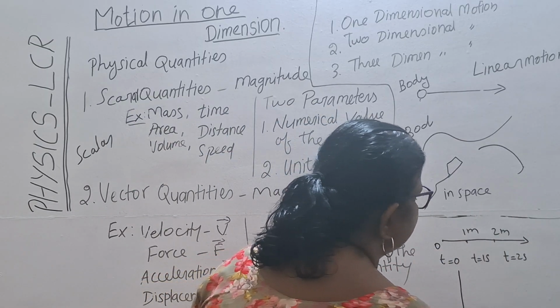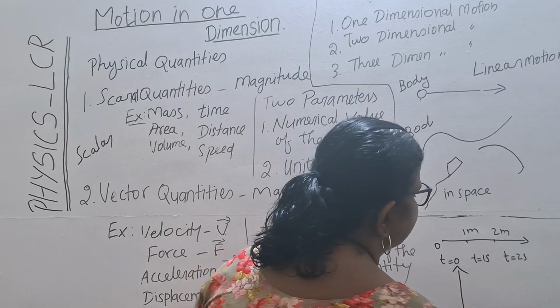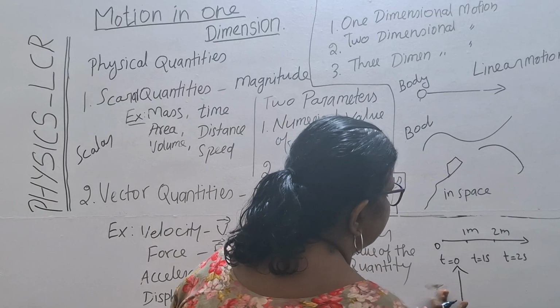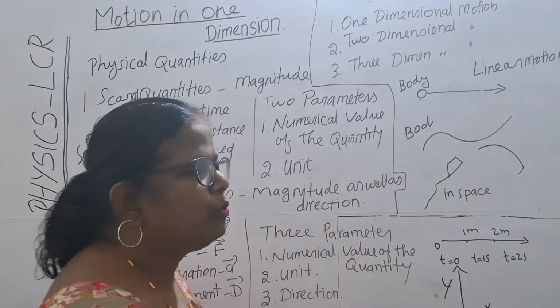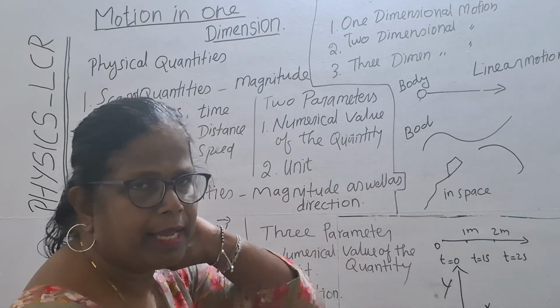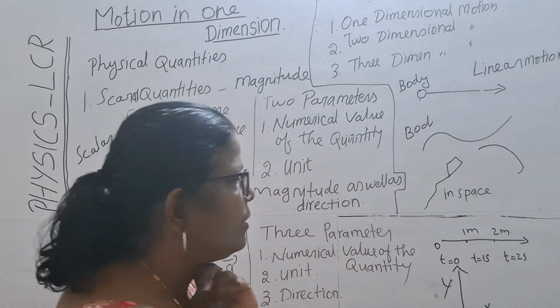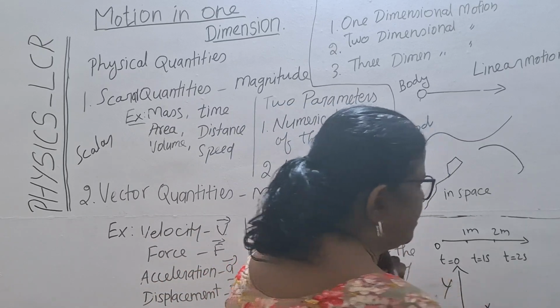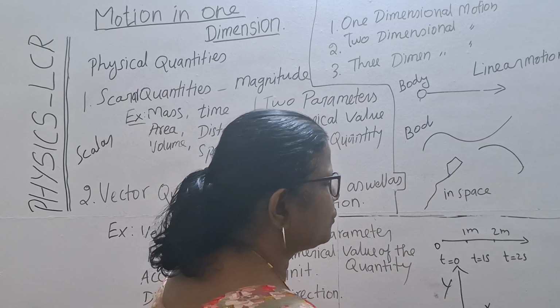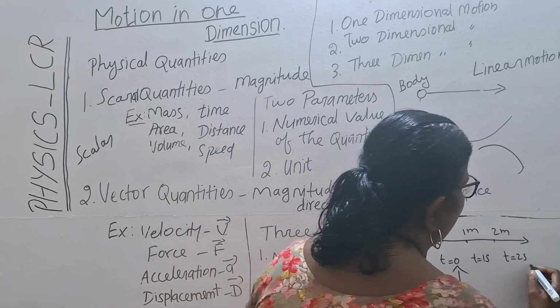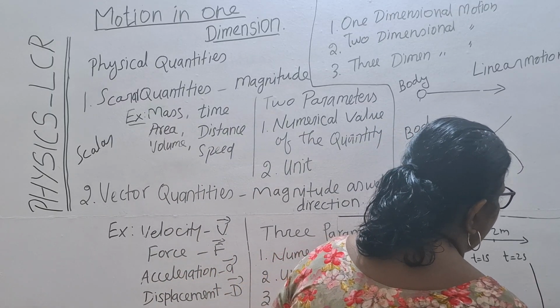2-dimensional motion is like this: y-axis, x-axis. 2-dimensional motion we can plot in a graph. 3-dimensional motion, how we are going to plot, just to see.